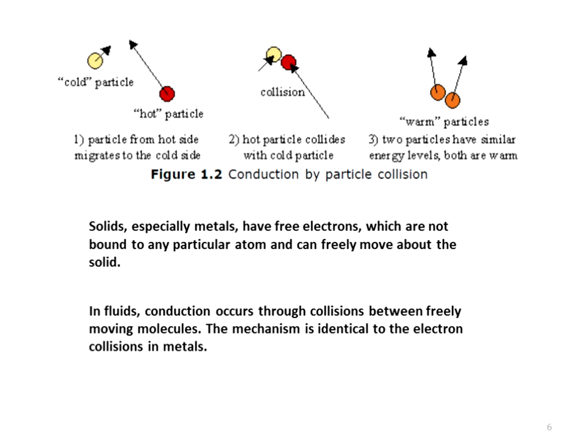So also by particle collision, solids, especially metals that have free electrons, they're not bound and freely move, and so they collide and become warm. So this is a very important mechanism, and so what you'll see is that materials that are good conductors of heat, generally speaking, are good conductors of electricity.